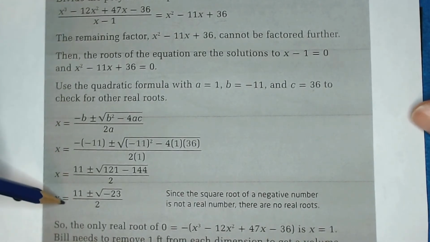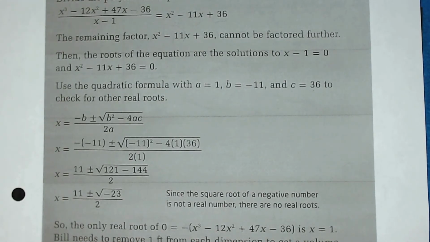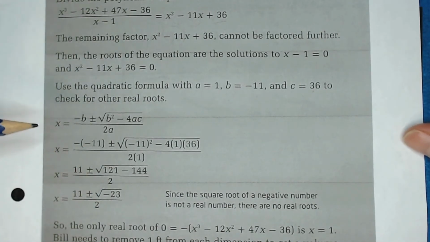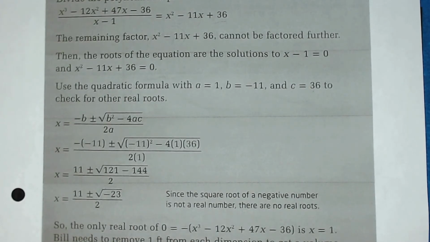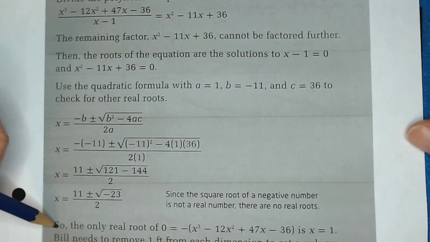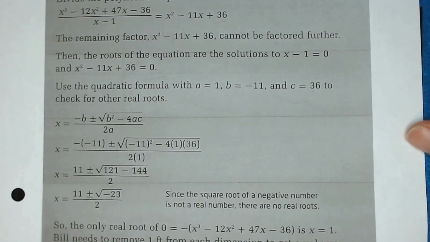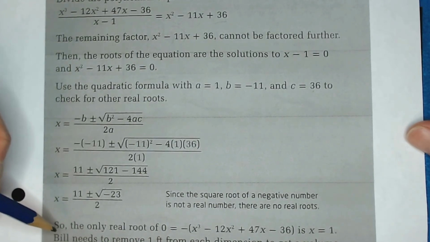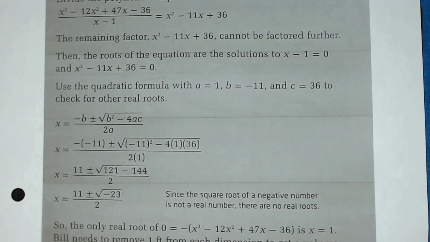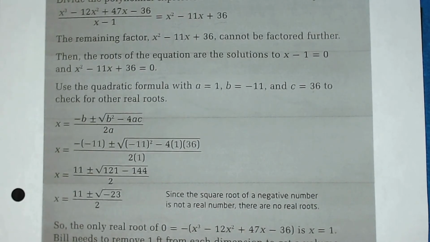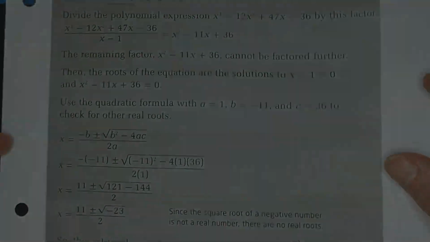This is sometimes a way to find the other zeros of the function, but you get lucky in this circumstance because you end up with a square root of a negative number, negative 23, which doesn't have any real roots. Therefore the only real root of this function is x minus 1, or x equals 1, and therefore we know that Bill needs to remove 1 foot from each dimension to get a volume of 24 cubic feet.